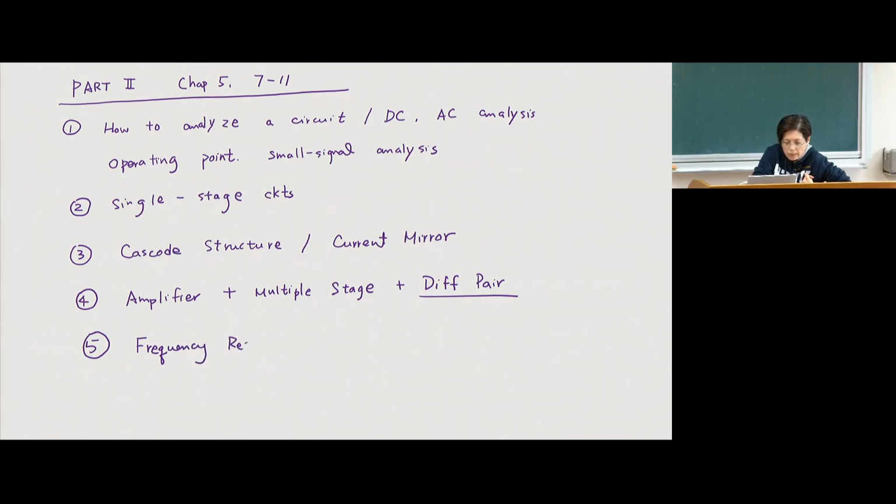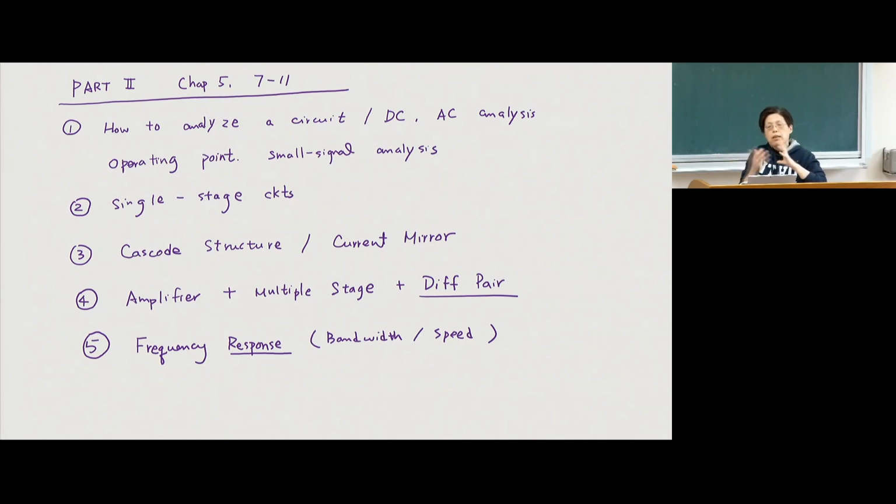So frequency response is just an index as to how fast, or the bandwidth of your circuit. So this would then give you the bandwidth. And also an index of the speed of the circuit. So how does one analyze the frequency response of different circuits?